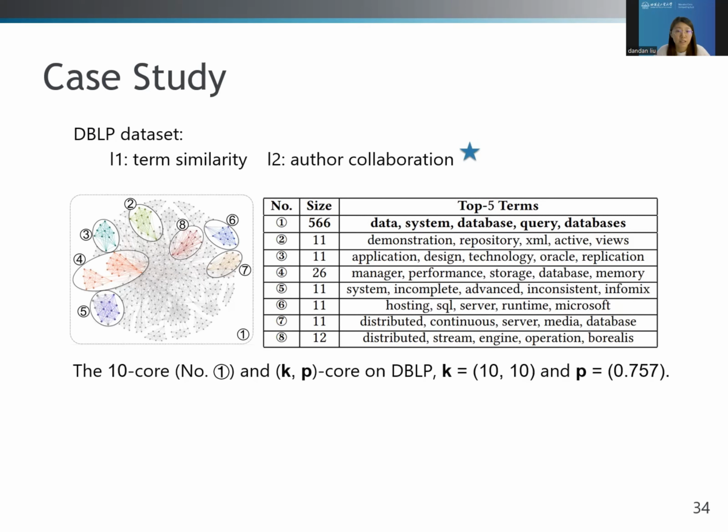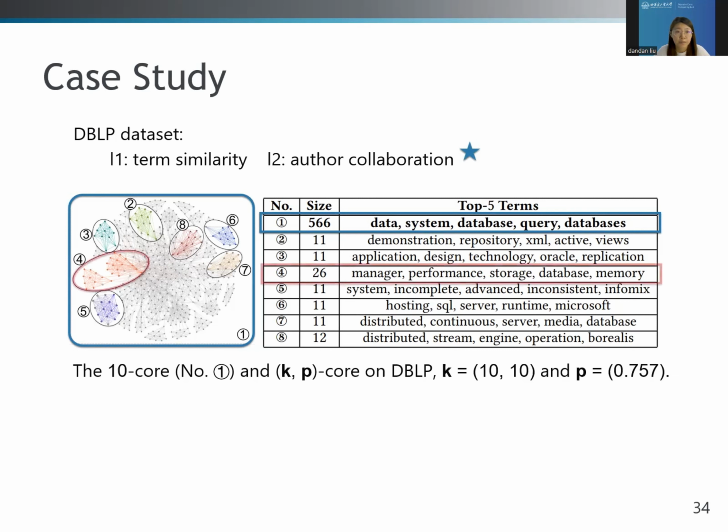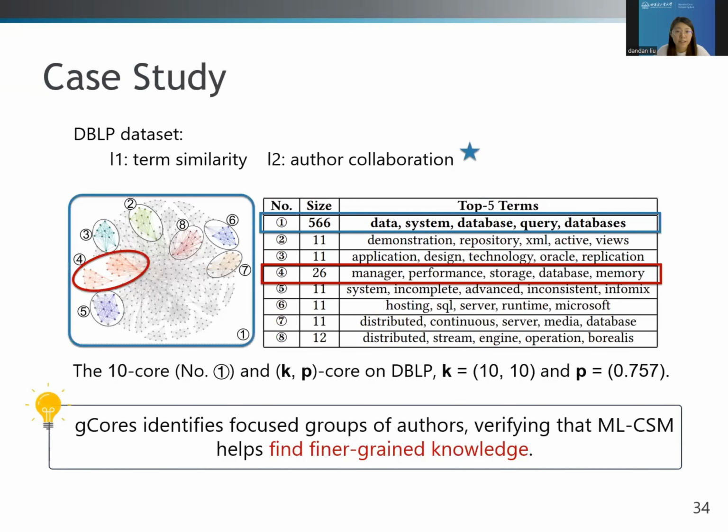Observing the results, the k-core reveals a sizable group of over 500 authors with broad research interests in data management and database systems. While the 7 smaller KP core components highlight more focused author groups, such as group number 4, specializing in database storage management, and could serve as excellent candidates for hosting tutorials on this topic. These findings validate the G-core's ability to uncover fine-grained knowledge.